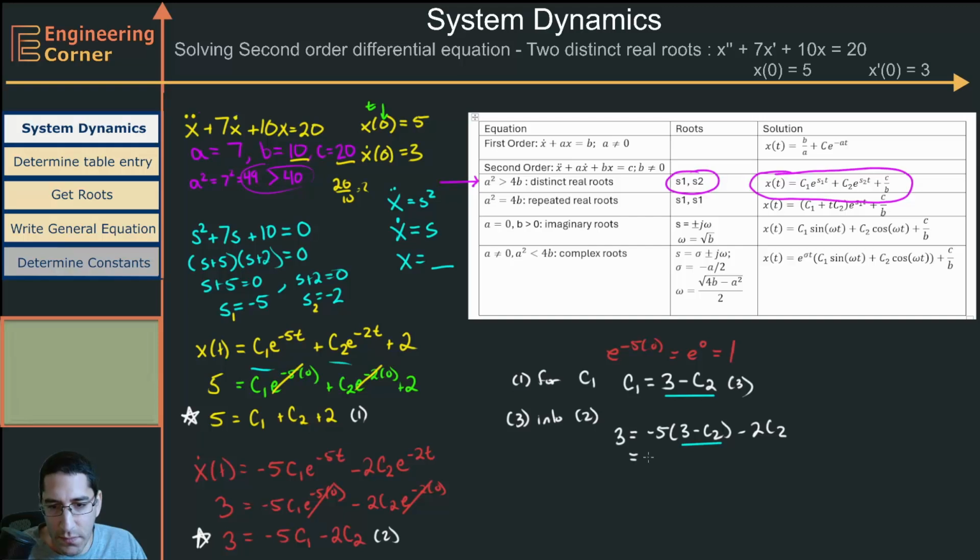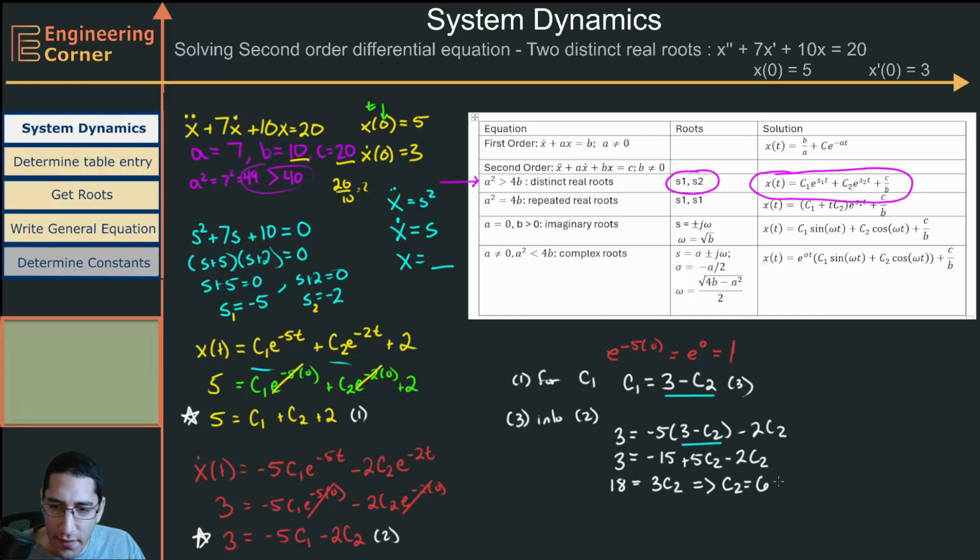Okay, this is equal to minus 15 plus 5C2 minus 2C2. Okay, 18 is equal to 3C2. And I could solve for C2, and I get C2 is equal to 6.